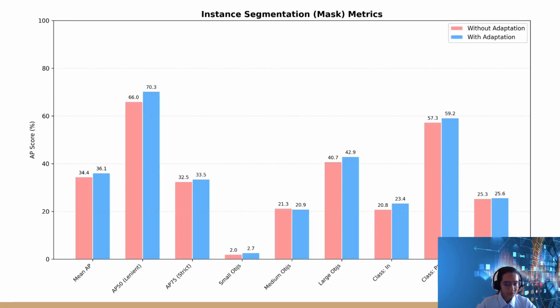Another thing you will notice is the overall metrics improvement might not seem as significant when compared to the 18% drop. But we have to keep in mind that domain adaptation helps recover part of the lost performance without any additional labeled data. So this is demonstrating CycleGAN's effectiveness as a mitigation strategy, not a complete replacement for training data.